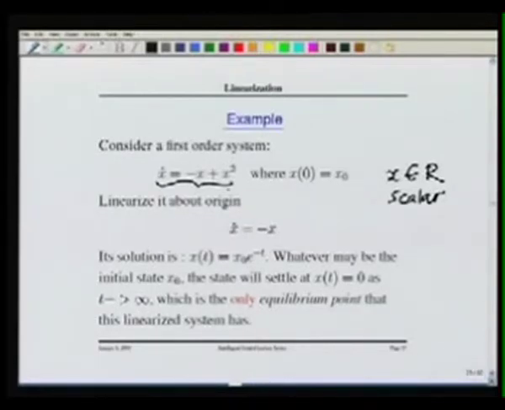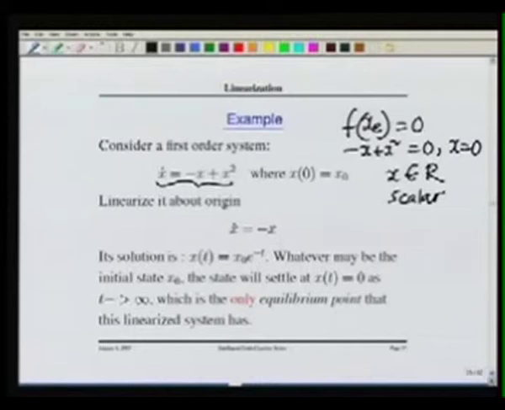You can easily see, if I write f(x_e) as 0, then minus x plus x square equal to 0. So, this will lead you to x is 0.